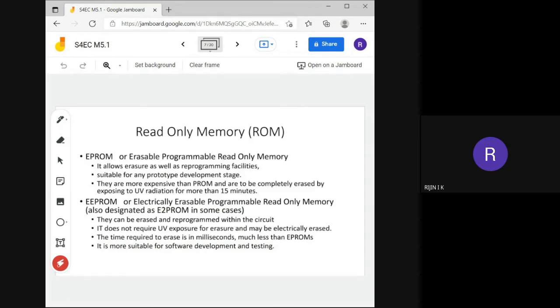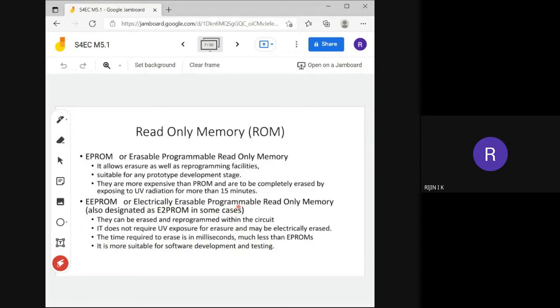In EPROM, reprogramming is possible, but for erasing the content we need to use UV radiation. But here, in electrically erasable programmable read-only memory, we are using electrical connections to erase the content. That is why it is electrically erasable.